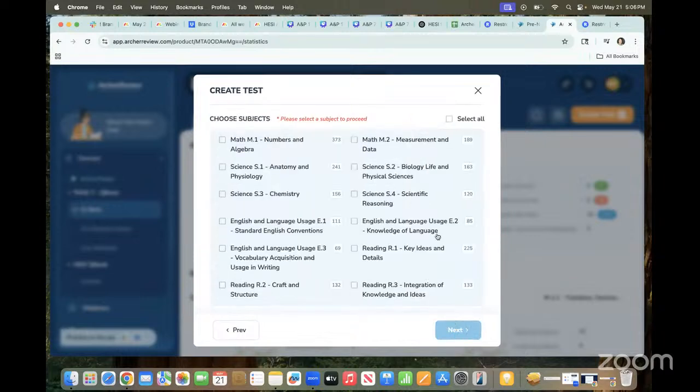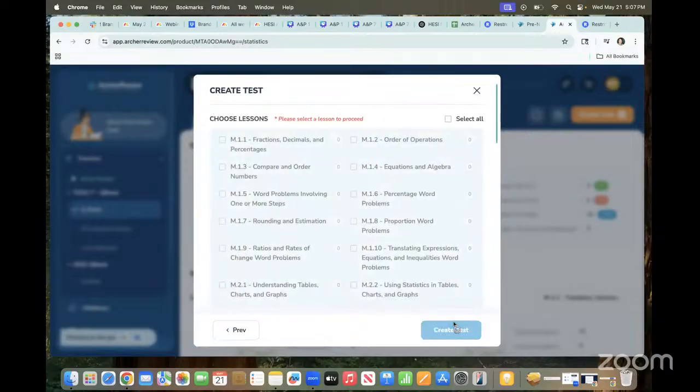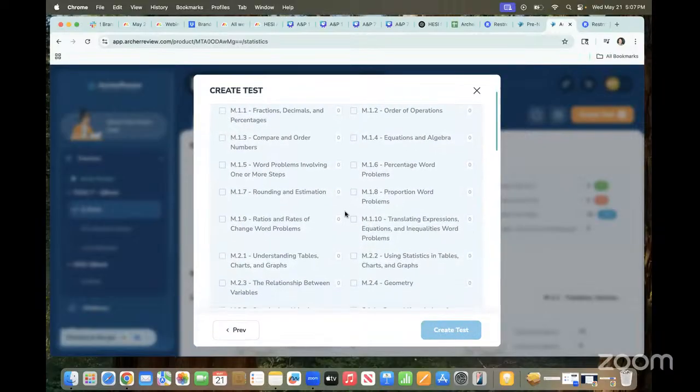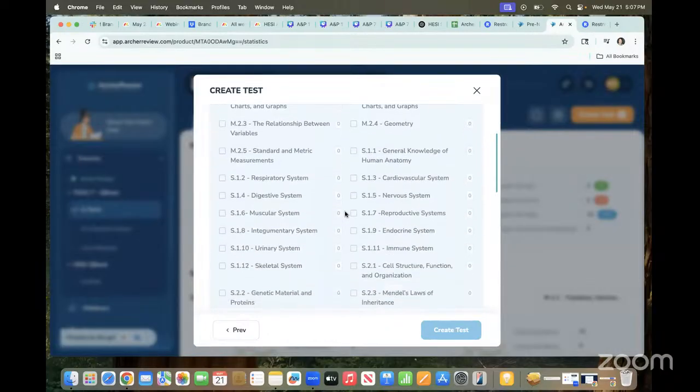And then notice here, again, here at Archer Review, we try really hard to make your needs individualized and to make sure that we cater to those individual needs. So again, if you don't need to do any math questions, you feel like a rock star, maybe you just want to focus on English tonight, you can click those specific areas and then click next. And then again, it'll choose lessons within those.